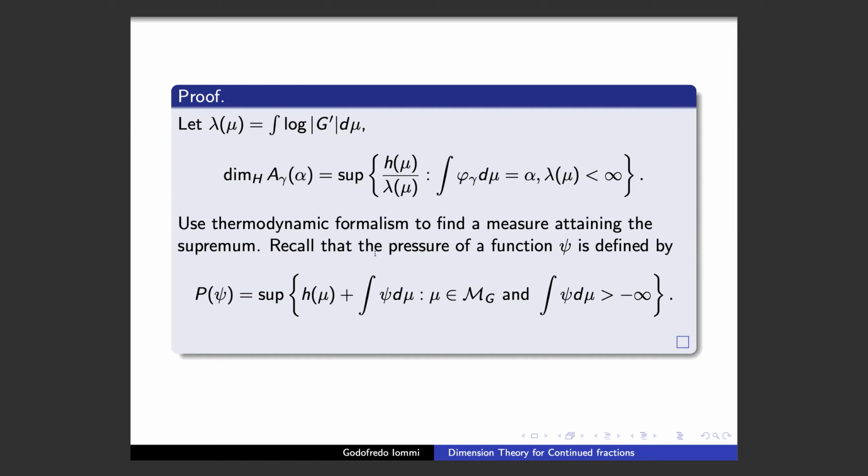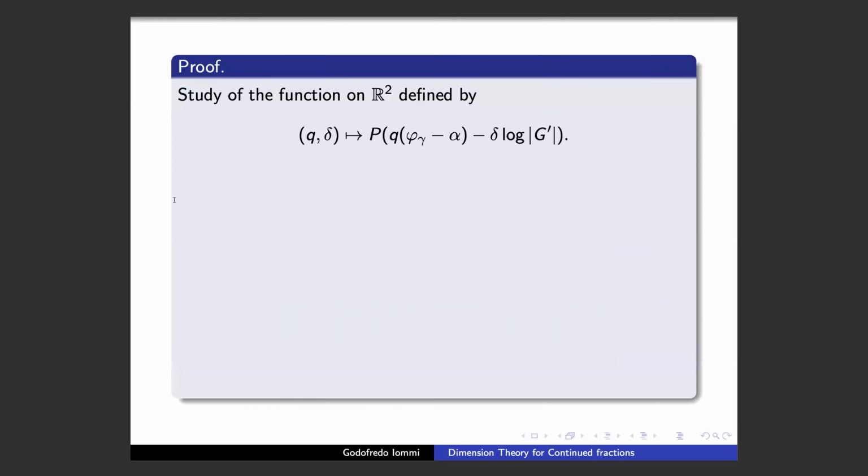And how do you then find a measure that maximizes the supremum in the Hausdorff dimension part? Well, you study this two-parameter pressure function, a function that takes q and delta and assigns the pressure of q times phi gamma minus alpha, minus delta log of the derivative.